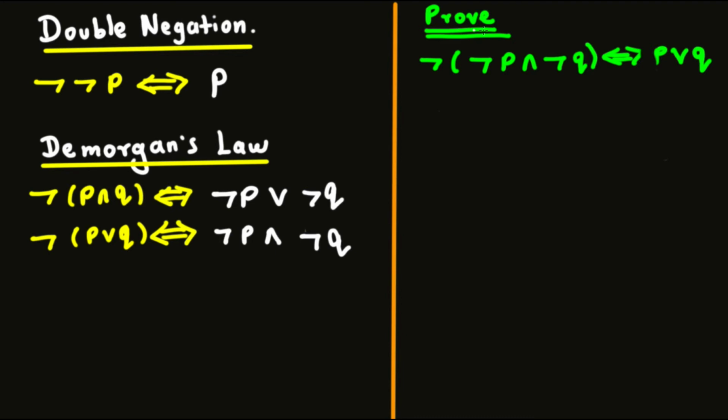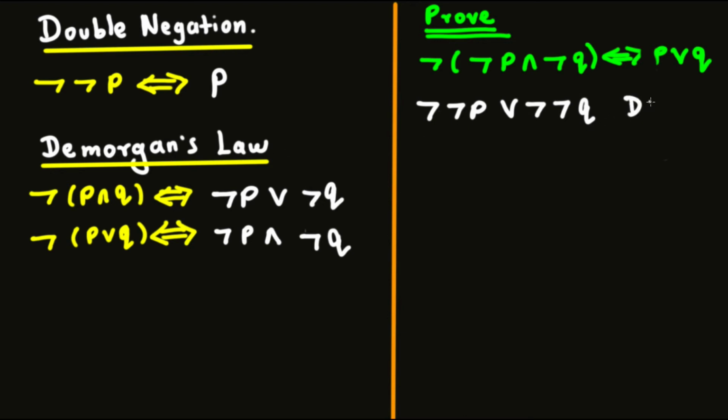Now let's go ahead and try this proof. Here they ask us to prove not (not P and not Q) is equivalent to P or Q. The first thing is, if you notice, this looks like De Morgan's theorem because we have a negated and statement that goes under the first law. So we can expand this as not not P, and this will turn into or, and not not Q. Each time we have to mention what law we used.